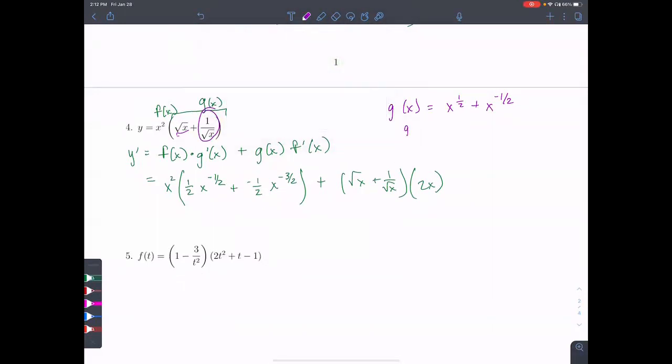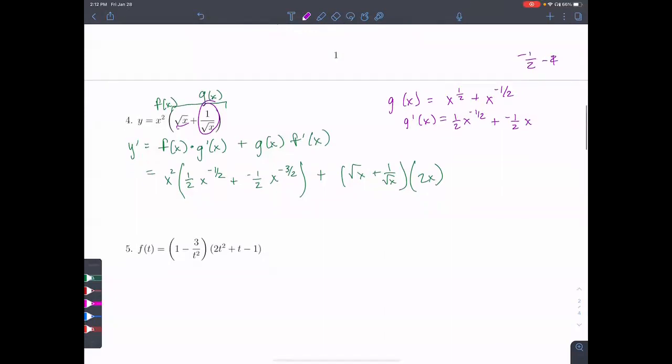So then g prime of x, you would do exponent down front, decrease it by 1. 1/2 minus 1 would be negative 1/2, plus exponent down front, decrease it by 1. So negative 1/2 minus 1 is the same thing as doing minus 2 over 2, so negative 3/2, which is what we have here. Okay, so this is your answer you would put in Hawkes.